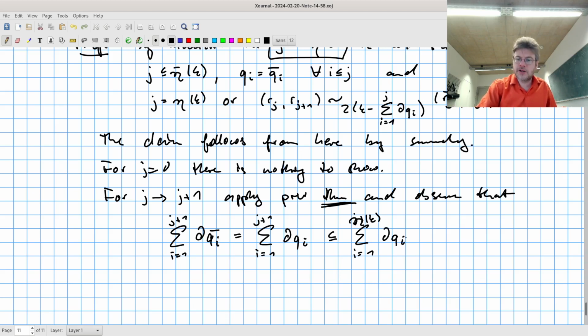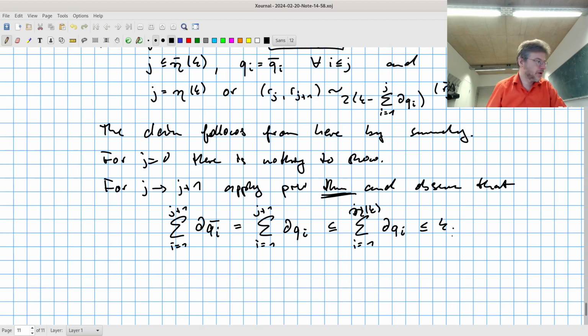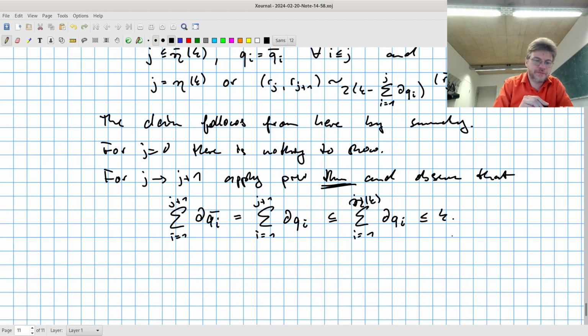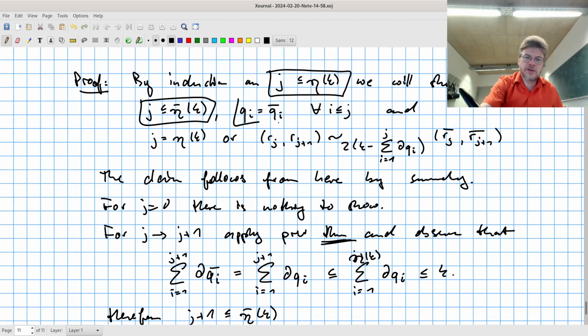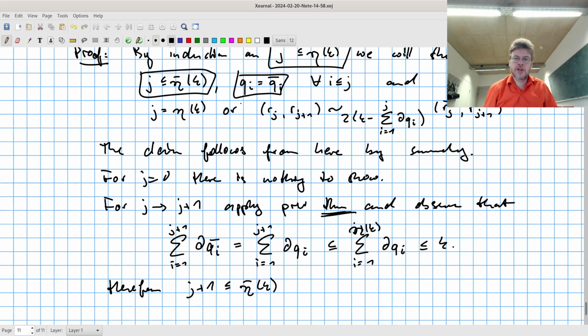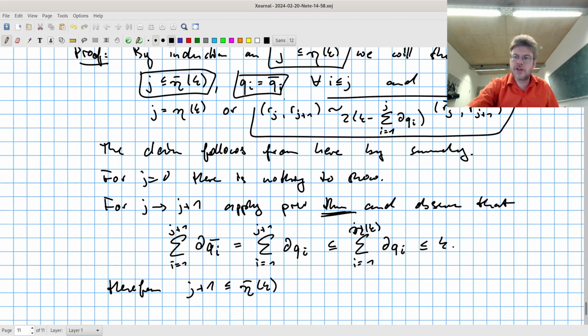And the eta of k is defined just exactly by this sum being at most k. And so this means, therefore, that the j plus 1 is still at most eta bar of k, which is this statement. And this we got from the previous theorem, and this here as well. Okay. So this concludes this argument.